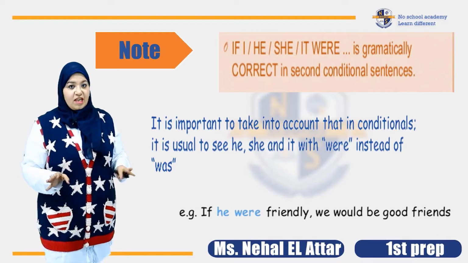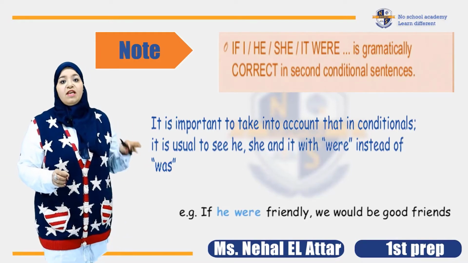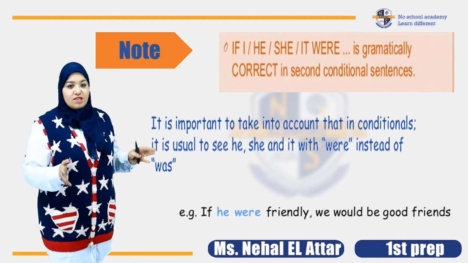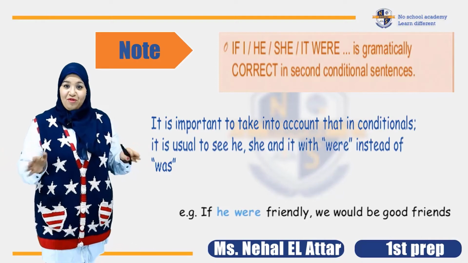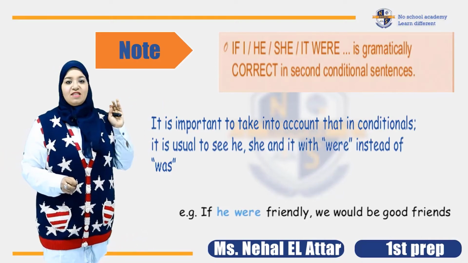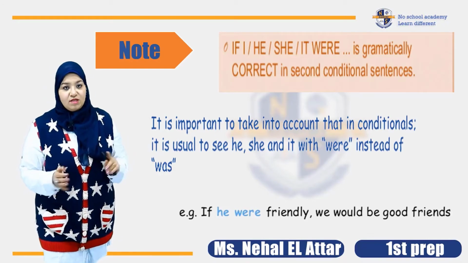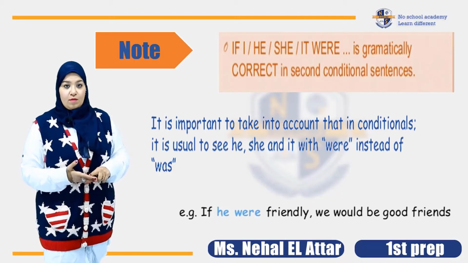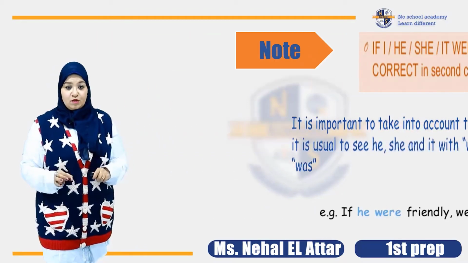No, it wasn't a mistake, because some of you may notice this. If he were is an imaginary situation. We're talking about imaginary things. So with he, she, and it in the second conditional, we use were and not was. He, she, it, and I. Okay? So this is an important note to be considered.